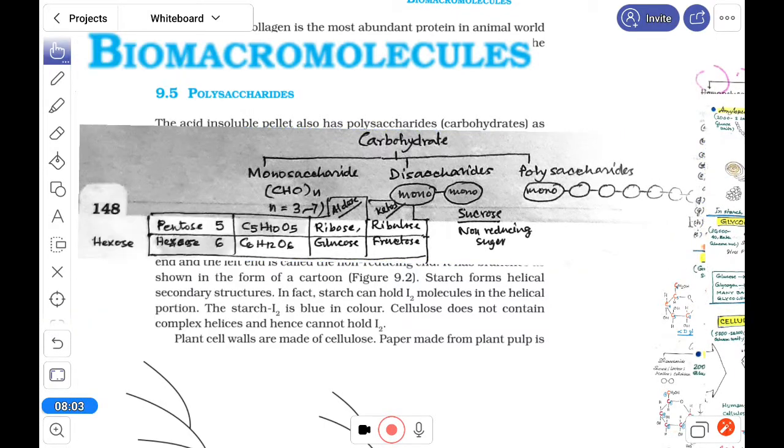Look at here. This is the carbohydrate. You can divide it into monosaccharide, disaccharide, and polysaccharide. Monosaccharide has a single type of structure, and a very common one is glucose.